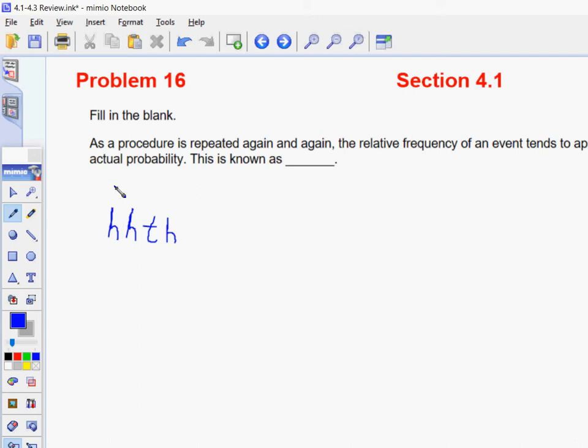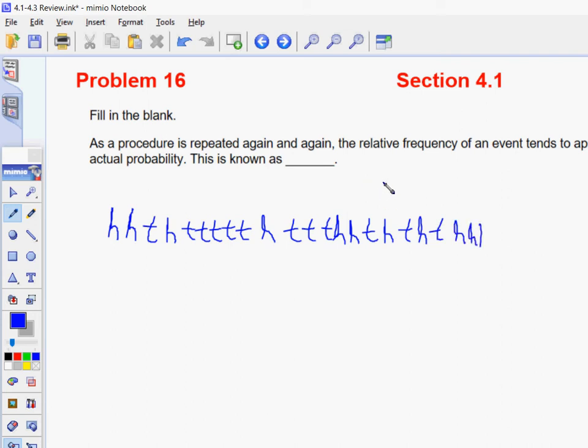You're like, no, throw it a bunch of times. And you're right. The more I throw it, maybe I get tails, tails, tails, a run of tails here, and then heads and tails and tails and heads, and so on, heads and tails in all kinds of orders.